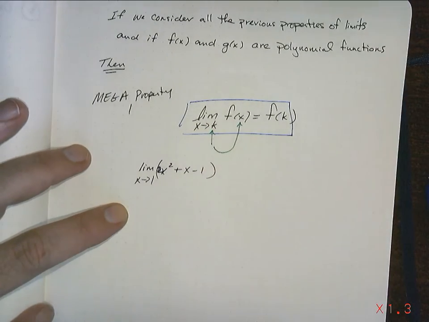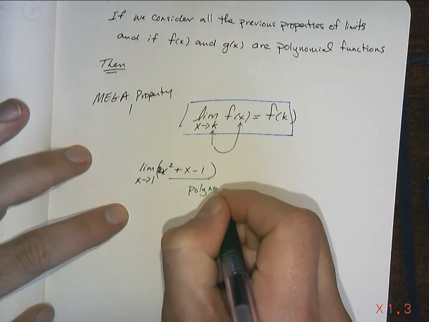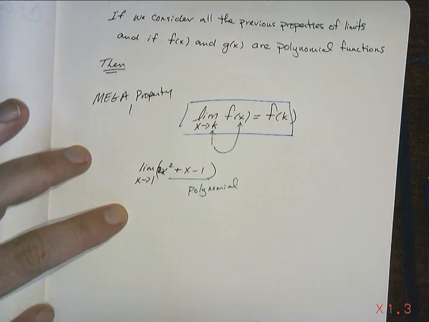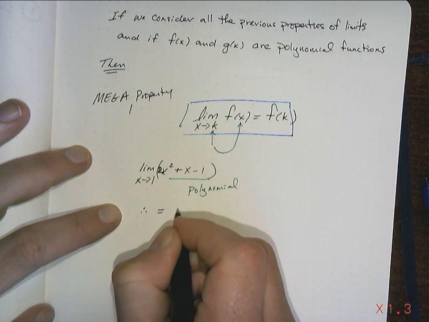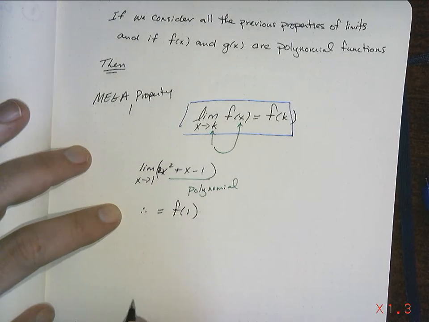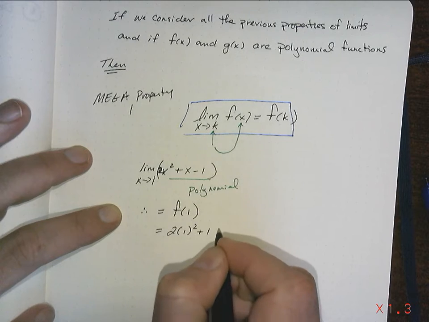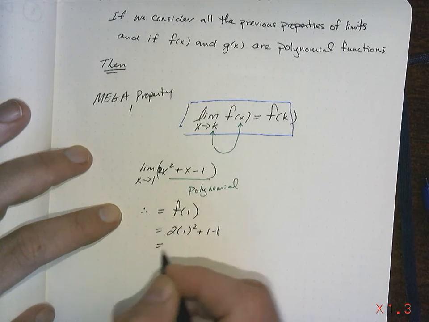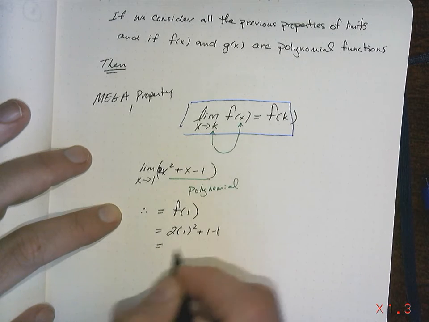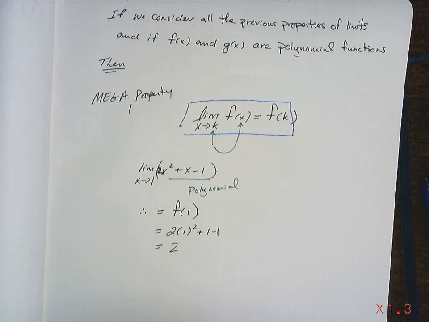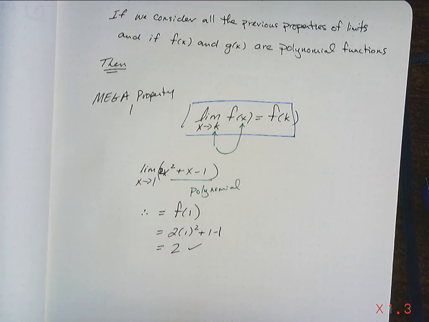Well, since this is a polynomial function, therefore this limit equals f of 1. So all I have to do is put in 1, and lo and behold, I get 2. And wasn't that the answer that we had before? You can look back and you're going to notice that that was the exact same answer we had before.